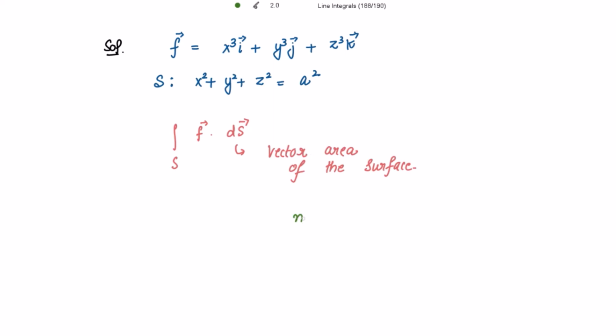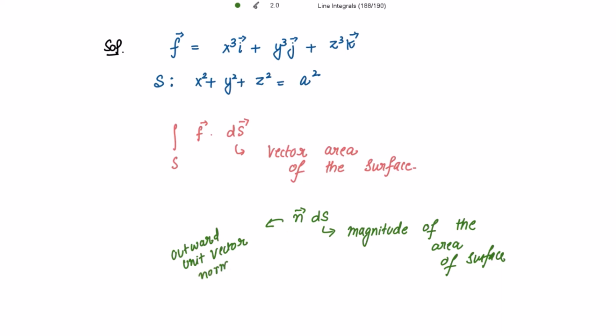If I multiply the n vector with ds, where ds is the magnitude of the area of the surface, and n vector is the outward unit vector normal to the surface, then this product is equal to ds vector, that is the vector area of the surface. So ds vector is equal to n vector multiplied with ds.